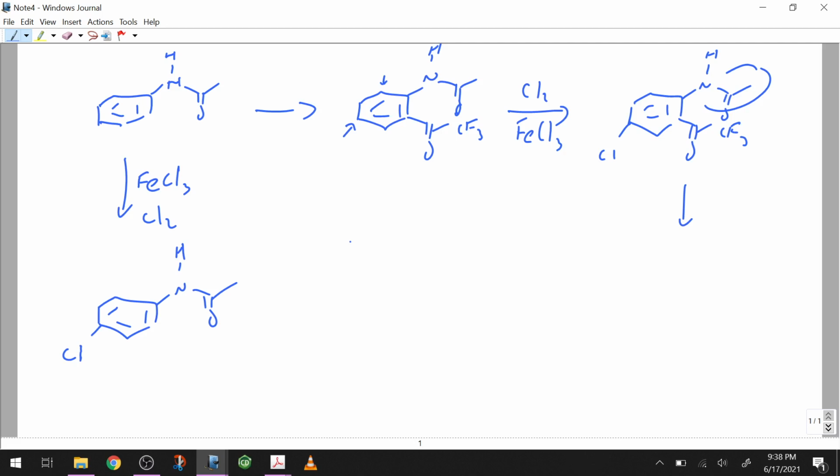Now, if I had done it the other way here, well, now I've got a kind of trade-off of unpleasantness. What I mean by that is the chlorine is electronegative, which is making this ortho position next to it not so good. Still technically an ortho director because of resonance, but it's making the ortho position more awkward. The nitrogen doesn't have that problem, but it has the size problem.